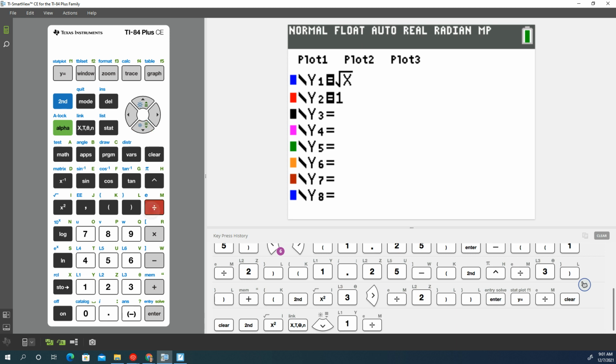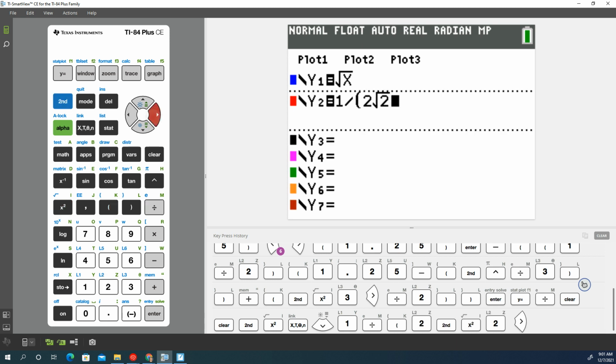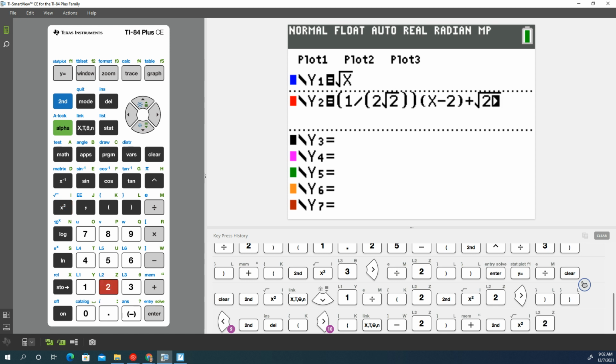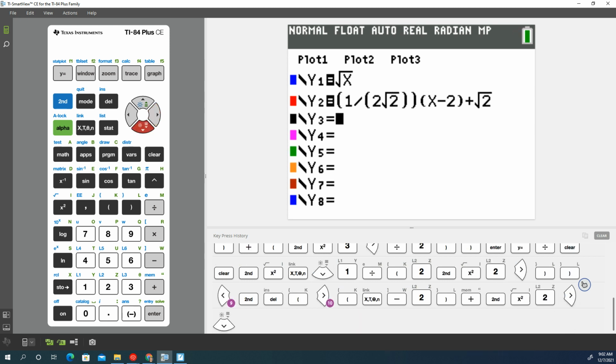So there's my 1 over 2 root 2. I think I'm going to wrap that in another set of parentheses. So there's the slope times x minus 2 plus square root of 2. It's easier for you to rewrite that in slope-intercept form, you can. I try not to make mistakes.